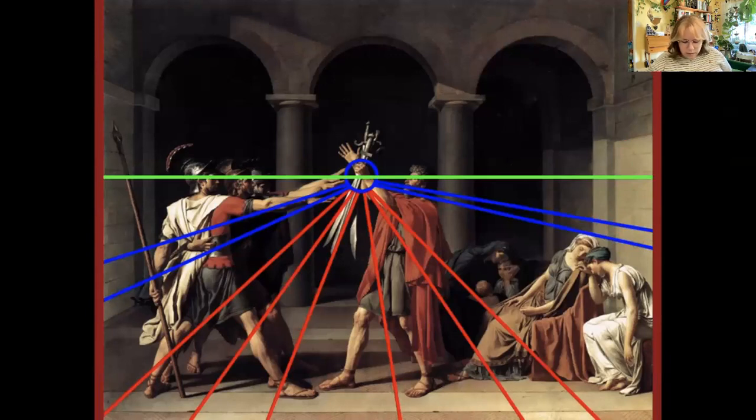But the blue and the red, those are the vanishing lines, right? They go to the perspective point for linear perspective. And then the green line is just the halfway mark. I think they don't do the other halfway mark because I think it's a little off. Actually, doesn't it seem like it would be about here and not here? David, you can just shift him over a little bit.